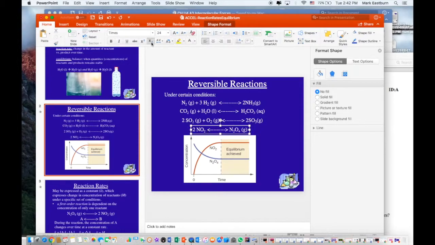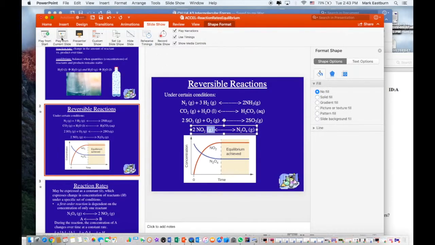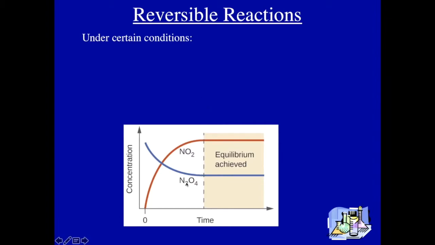Just wanted to make sure that I don't forget to put the state of matter on here. So smog is nitrogen dioxide, and dinitrogen tetroxide is a colorless gas.